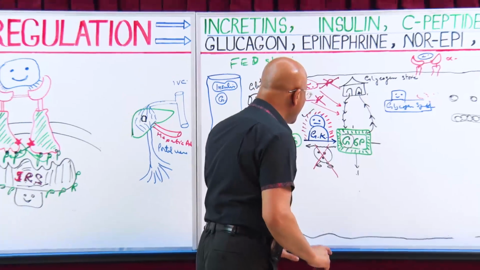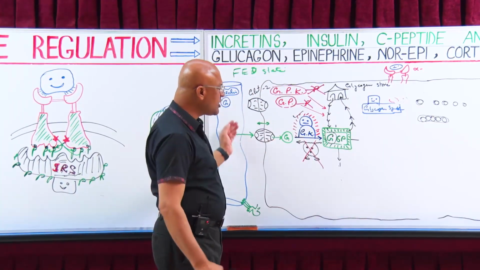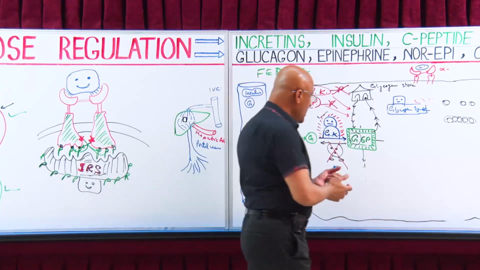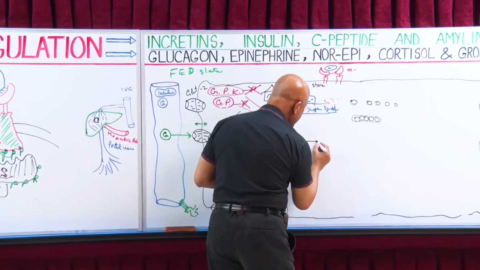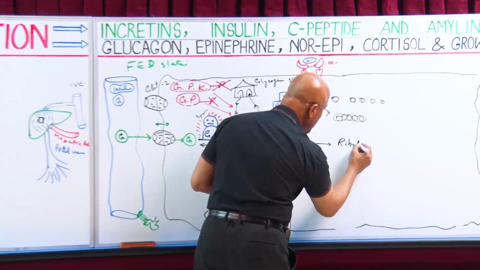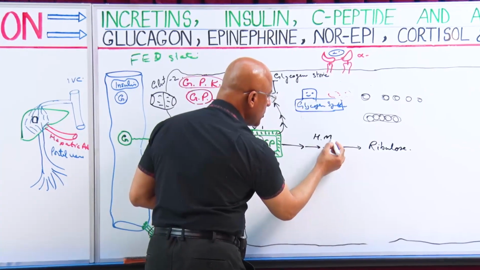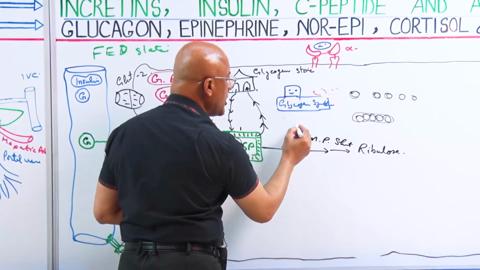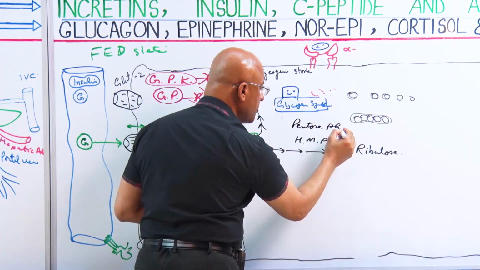Okay, thank you. Now let's suppose more glucose is coming. What to do with it? More glucose will go to another pathway, which in the end will end up in ribulose. We call it the hexose monophosphate shunt, or the pentose phosphate pathway.